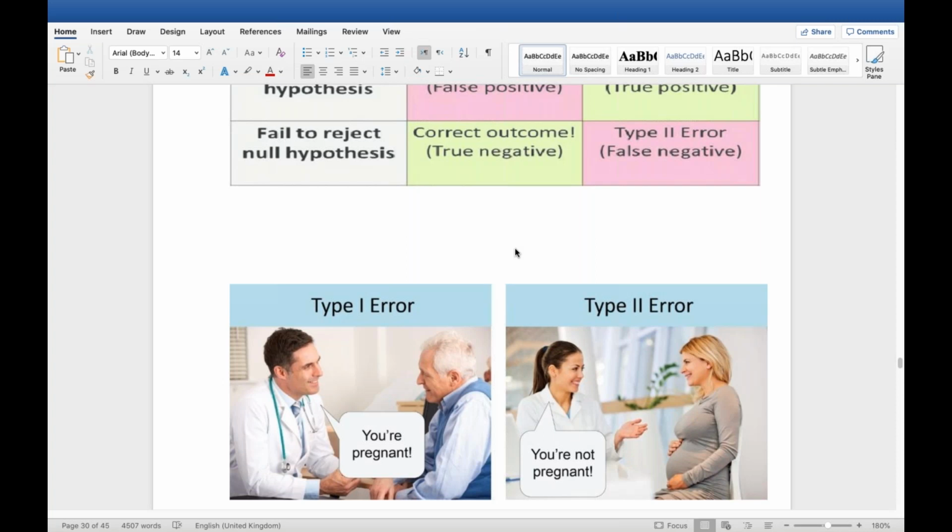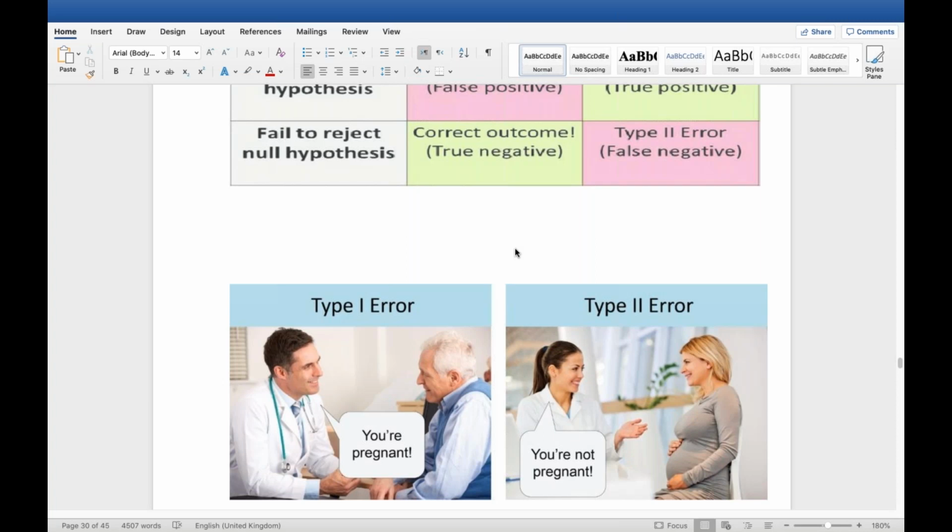You might have selected a sample that gives you the wrong result. So we have to use what we call statistical tests to give an idea of how sure we are that our results are right.